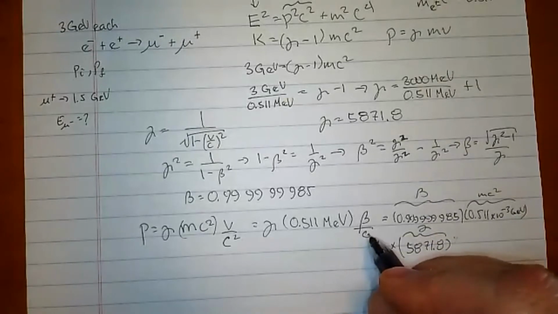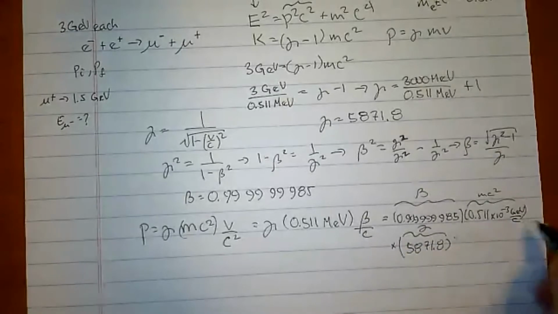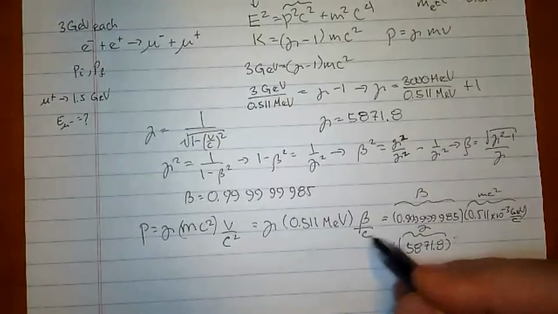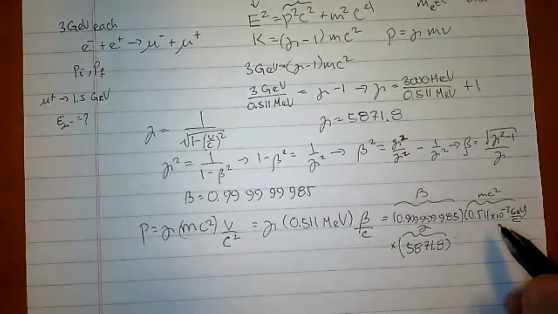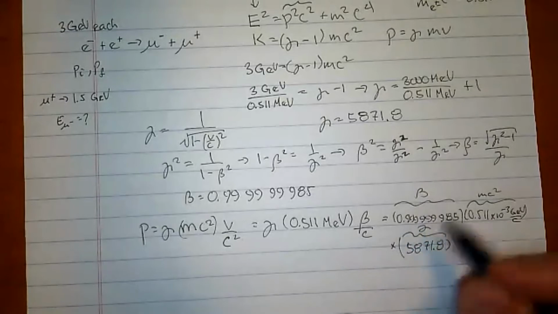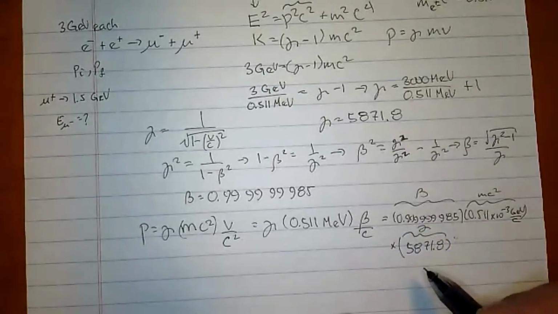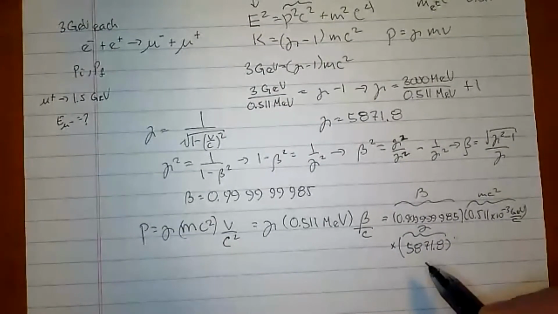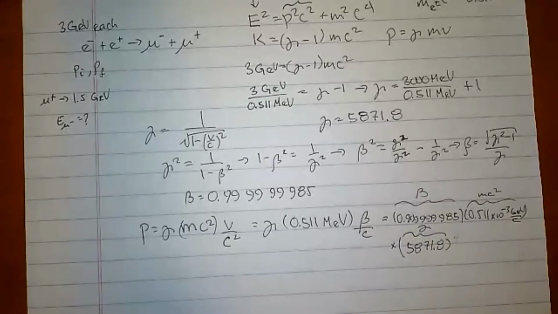So I don't want to really carry out that. So what I'm going to do is take that c and put it under here. And that's good because that's exactly the unit I want. So that's how you work with that c and c squared in the case of energy and c in the case of momentum.